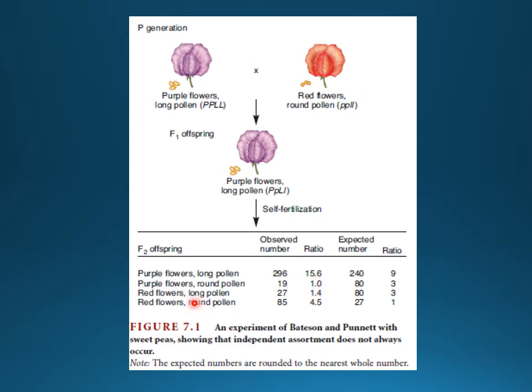The red flowers, long pollen is again a new combination, and again the ratio is much less than the normal 3, at 1.4. The other is red flowers and round pollen, which is the second parental type, recessive to the purple and long pollen. Its normal ratio is 1, but the actual ratio was 4.5.